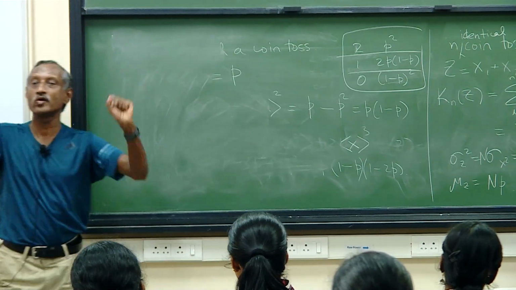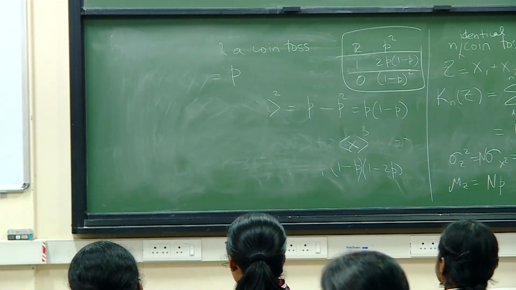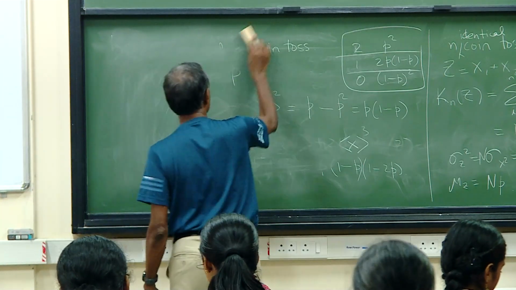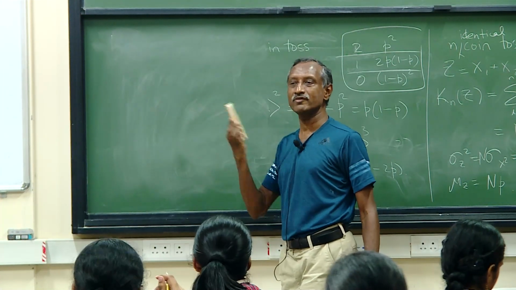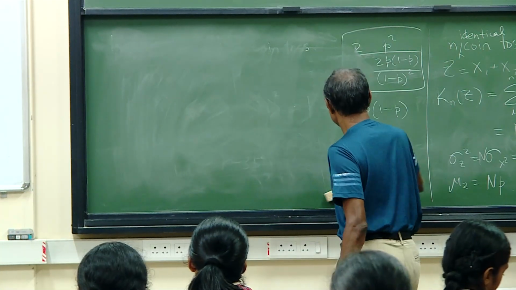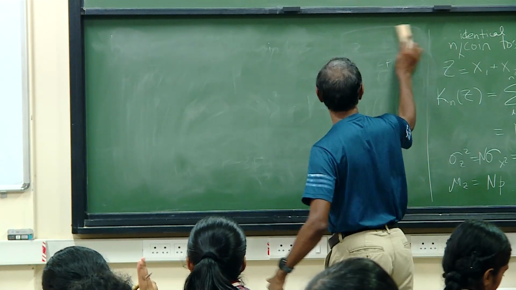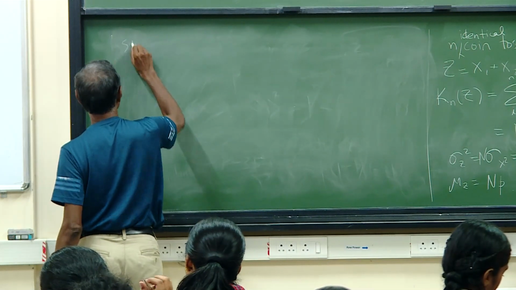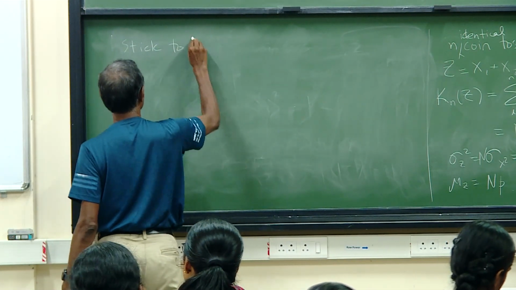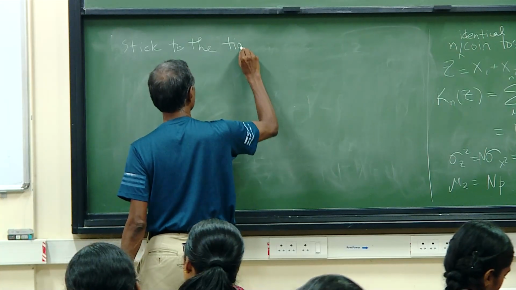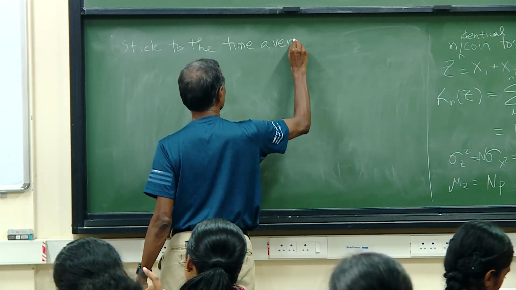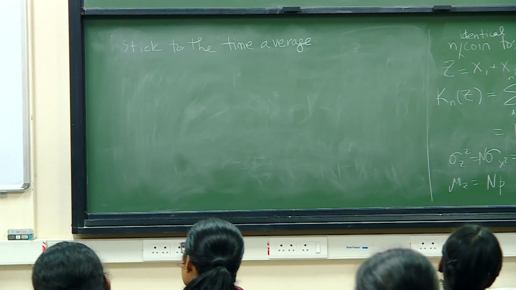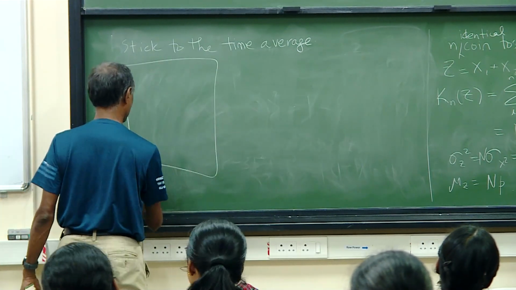Okay, so we will map it to the coin toss problem now. This is what I am going to do now. Let's stick to the time average for now, and we'll pick a particular volume. So we have this picture.